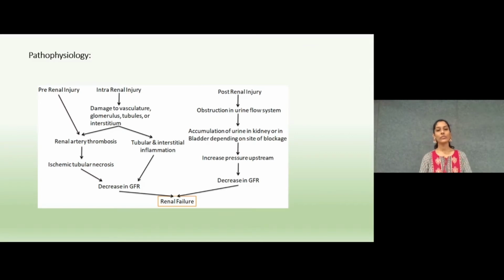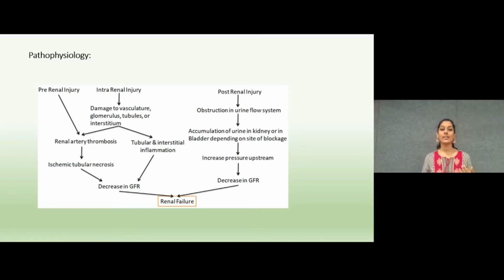Then the pathophysiology. Whenever there occurs any sort of injury, it can be pre-renal injury, intra-renal injury or post-renal injury. In intra-renal injury, it causes damage to vasculature, glomerulus, tubules or interstitium. In post-renal injury, there occurs obstruction in the urine flow system, right?